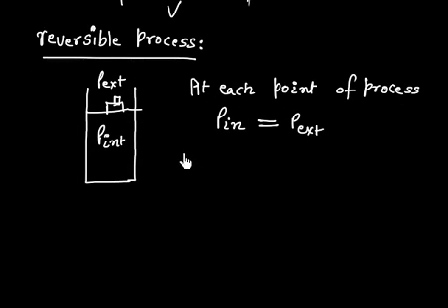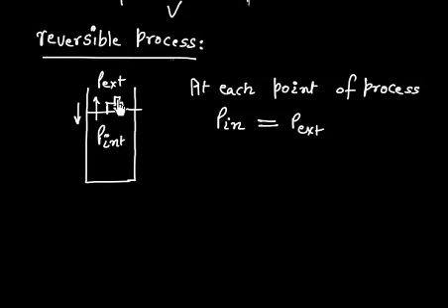This kind of process is called a reversible process. We have another definition for a reversible process. If you decrease a bit, the system will move in this direction, and if you increase a bit, the system will move in this direction. So a slight increase in the stress, or slight increase in the pressure, because in this case stress is pressure, changes the direction of equilibrium, changes the direction of the process.